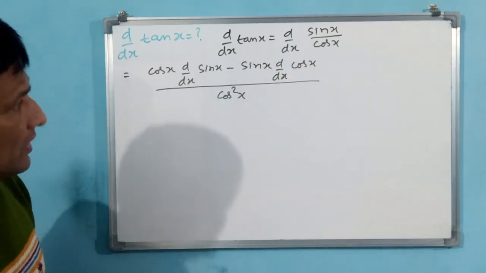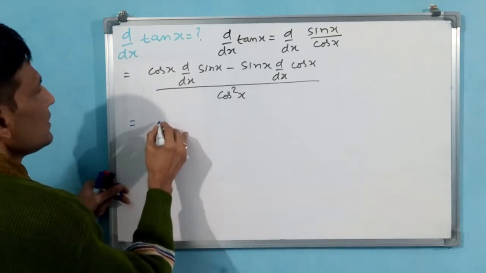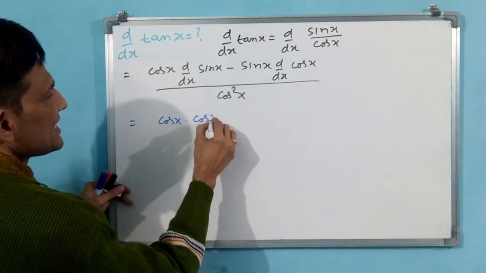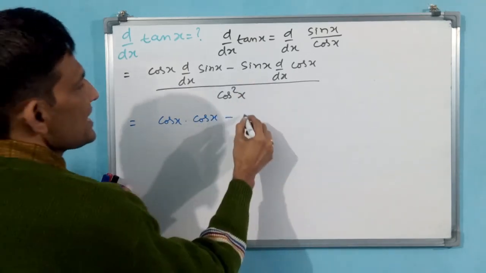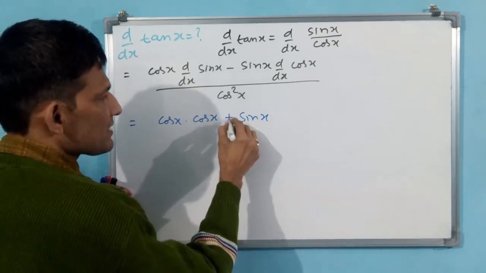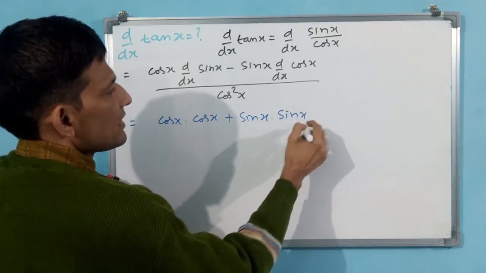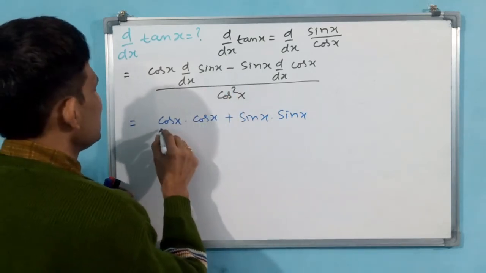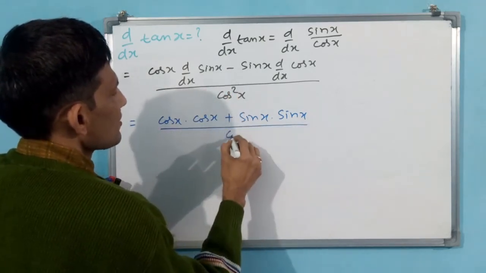Now write down here. That is equal to cos x will be same, but d by dx sin x is cos x, minus sin x is same, but d by dx cos x is minus sin x. Minus sin x means sin x into minus. Already minus I have made plus. Cos square x.